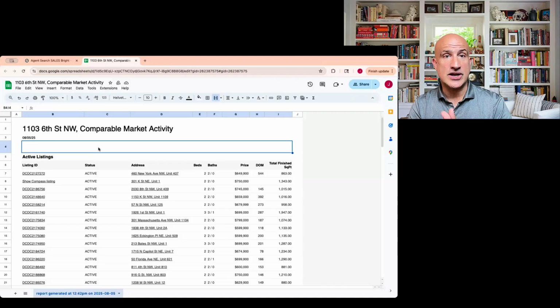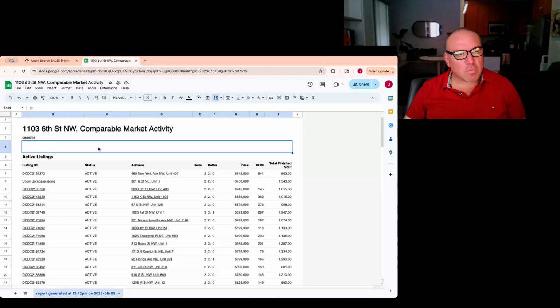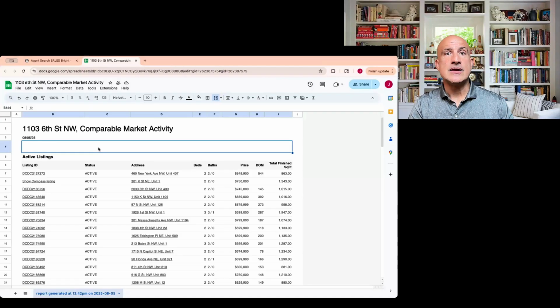And then I can say, based on the comparable market activity, my recommendation on list price, if we were to sell your home today, your most likely sales price range would be X to Y. But then I also caveat it and say, we can't make that decision today because we're not coming to market today. We're going to have to do this analysis the week before we come to private market or to public market, because the market's constantly changing.